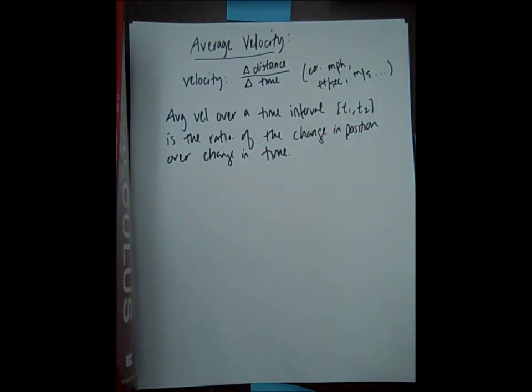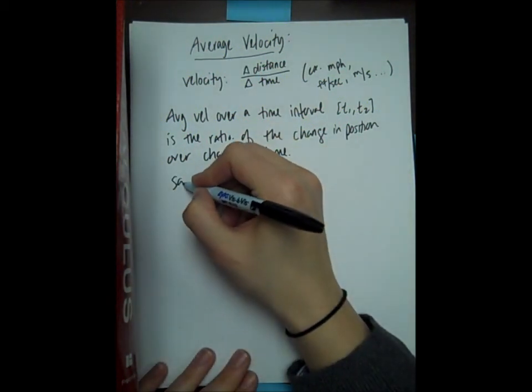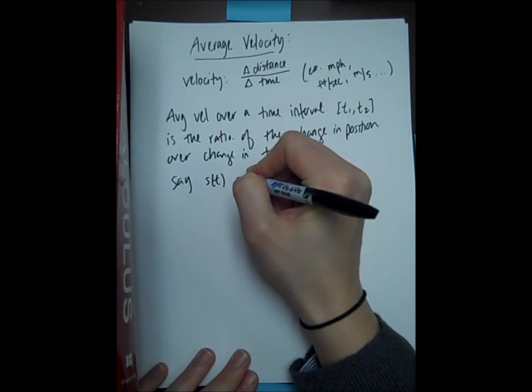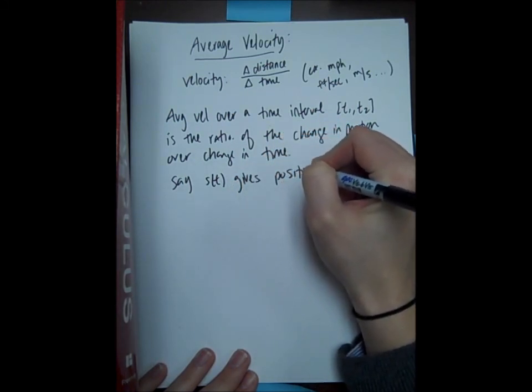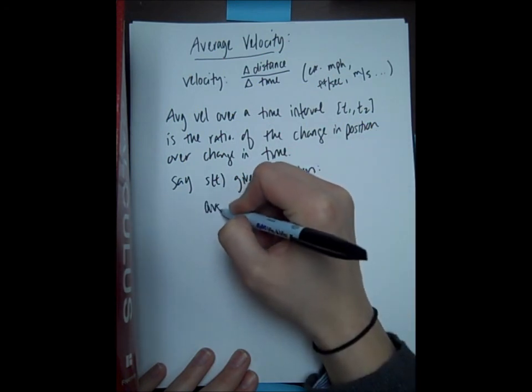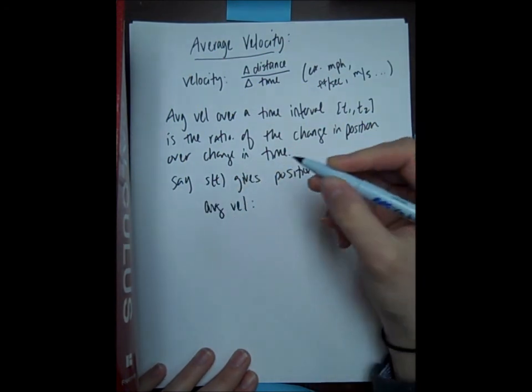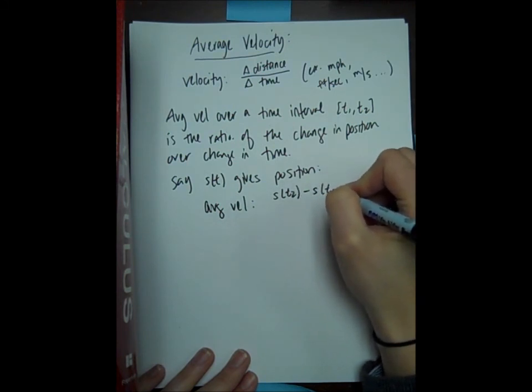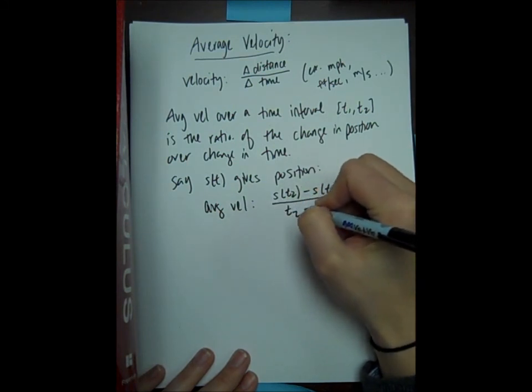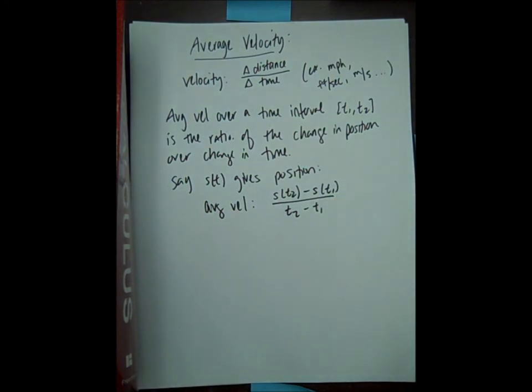Now, if you're given an equation that tells you the position, so let's say that S of t gives the position, then for the average velocity we actually have a formula. It's going to be S of t2 minus S of t1 over t2 minus t1.